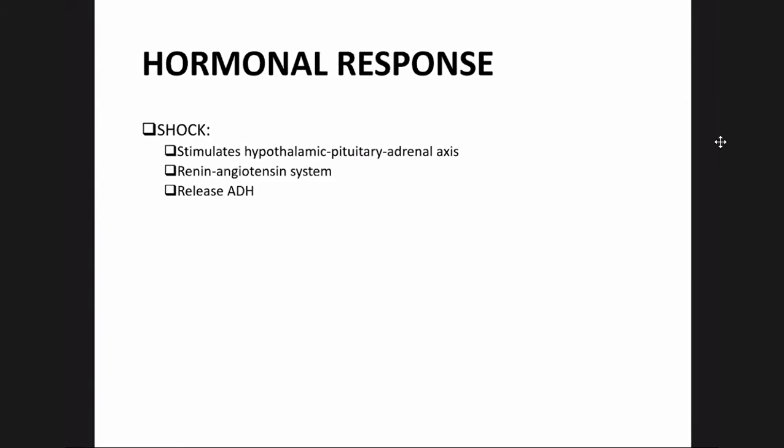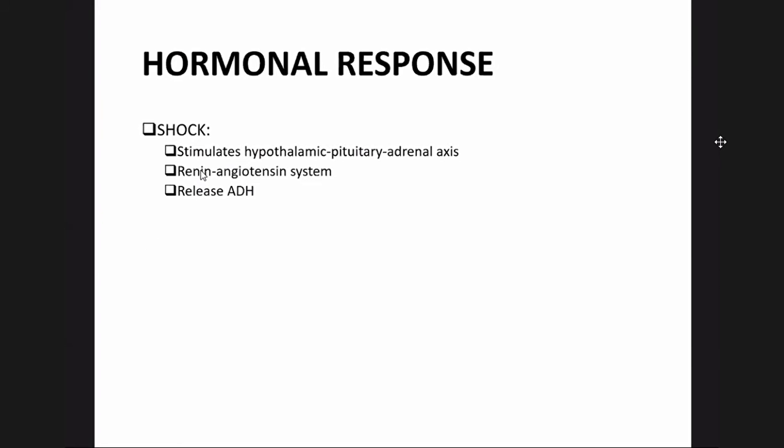ACTH stimulates the adrenal cortex to release cortisol. Cortisol stimulates gluconeogenesis and insulin resistance. So in the setting of severe hypovolemia, ACTH secretion occurs independently of cortisol negative feedback inhibition.